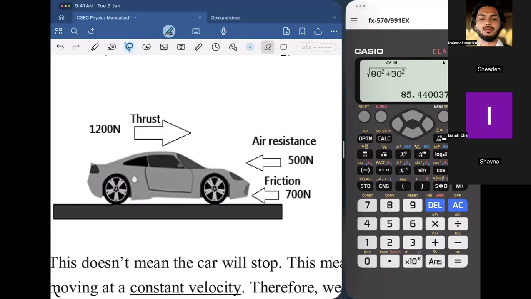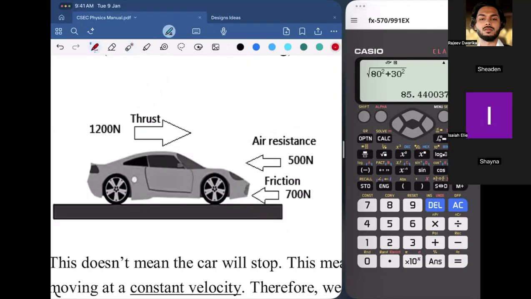In this diagram, what direction is that force going in? To the right. Right. And then we have these forces acting against it: air resistance and friction. Guys, what would be the net force the car would experience? Let me see if anybody can figure that out. It'll be still. You say it would be still?